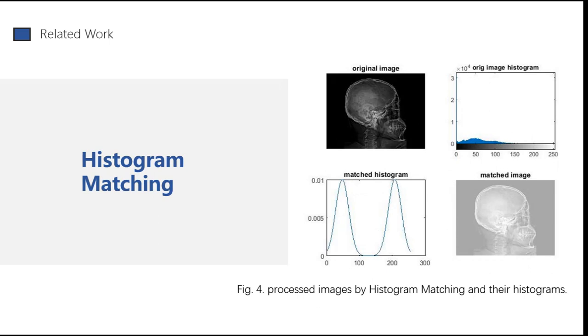The advantage of HE is that it can be fully automated without human involvement. But its disadvantage is that it can only generate a histogram that is approximately balanced. Sometimes histogram matching is used when people want to modify the histogram of an image to match a given histogram or to have a specified function shape.